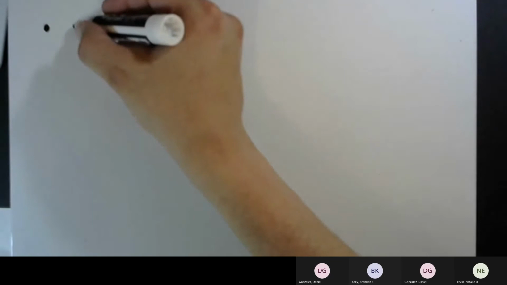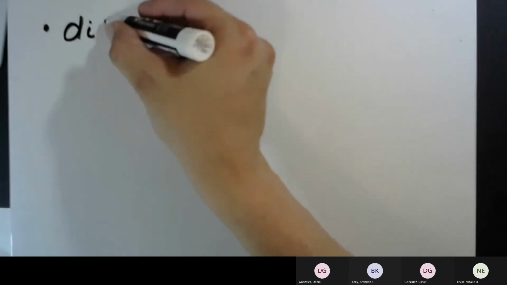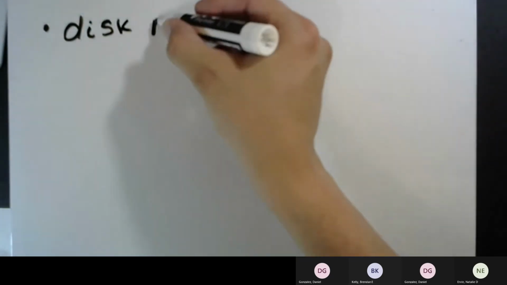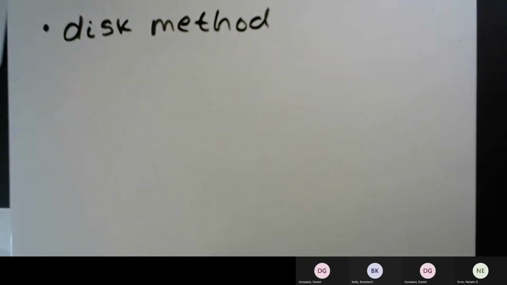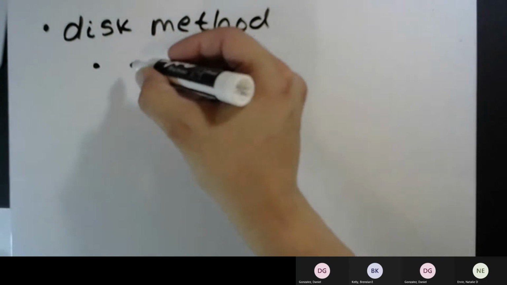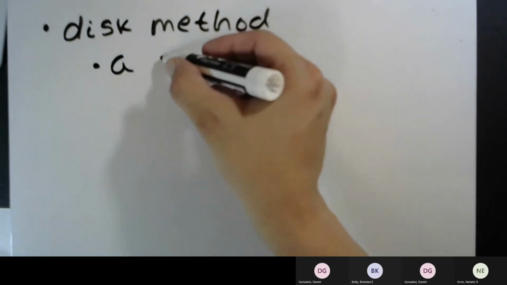So another method for finding volumes, and it depends on the kind of volume you're dealing with, is going to be called the disk method. And this usually involves a curve.